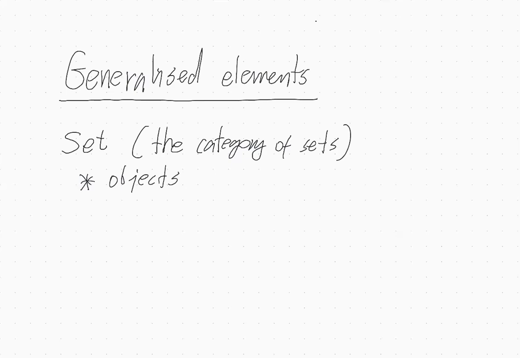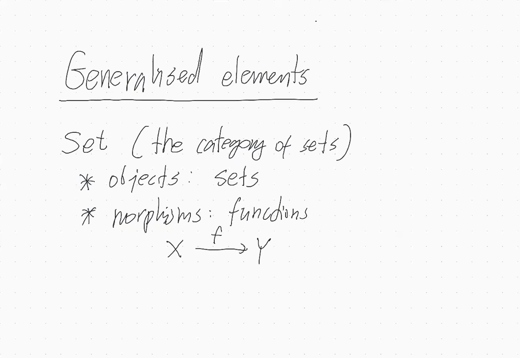I'm back. So objects are sets, and morphisms are functions between sets. So if I have two sets, X and Y, a morphism from X to Y is a function from X to Y. And by a function, we mean what one means in set theory.